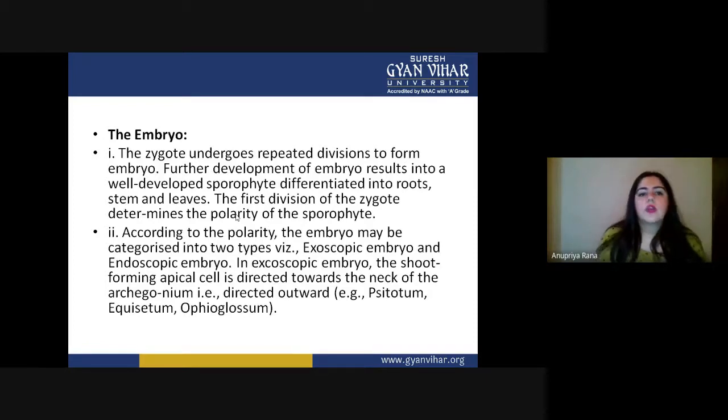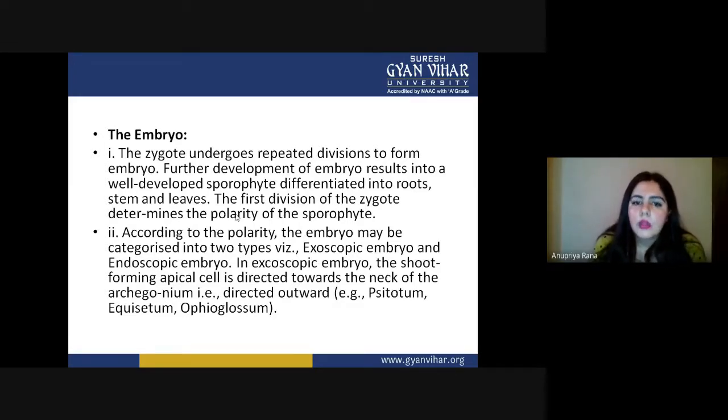Now we will see the embryo that is formed from the zygote. Repetitive divisions inside the zygote lead to the formation of the embryo. After this, the embryo differentiates into the root, stem, and leaf.